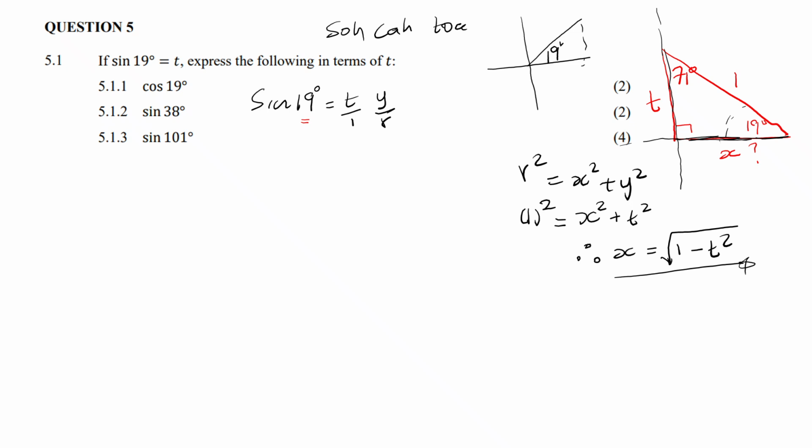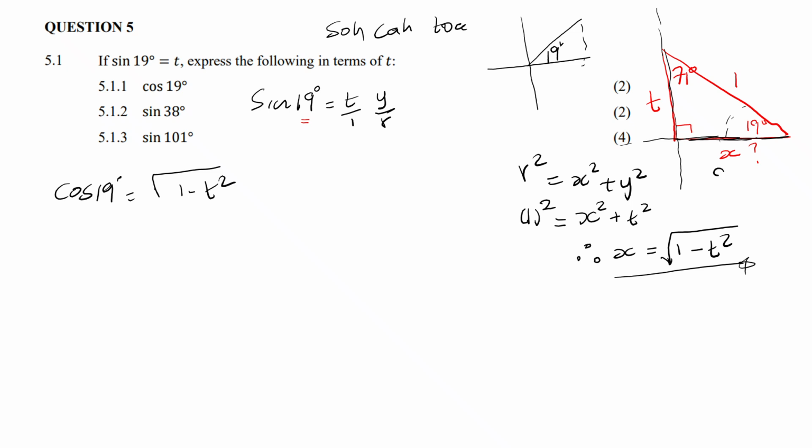The first question is asking, what is the cos of 19? To answer the first question where they want the cos of 19, we're going to use that triangle because there's 19 degrees there. You're going to say cos is adjacent, so you write down your adjacent, which is the root of 1 minus t squared.